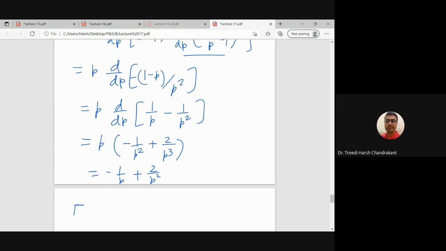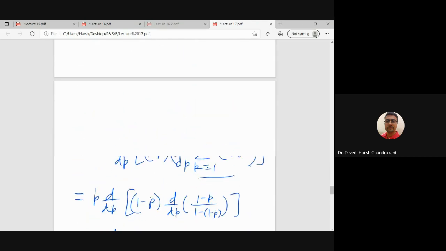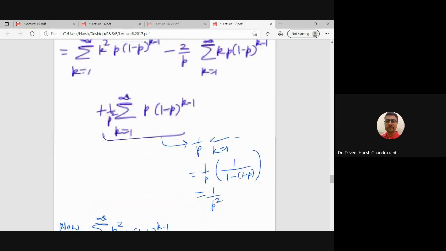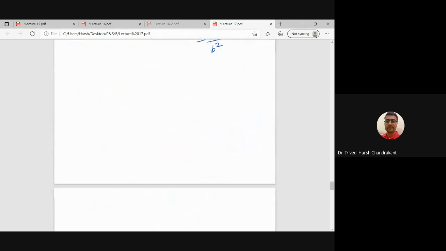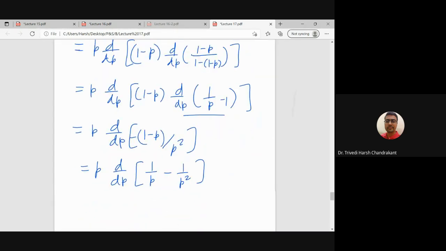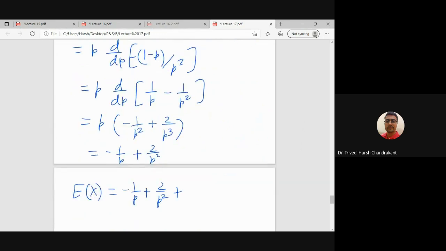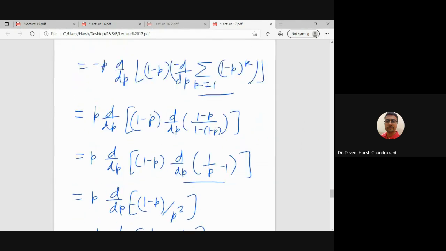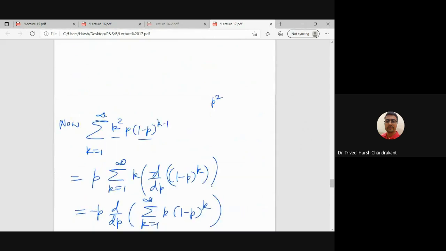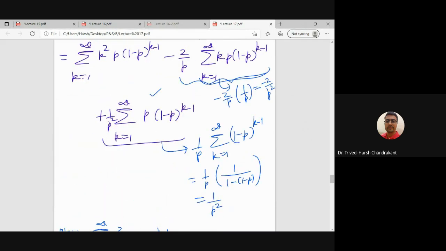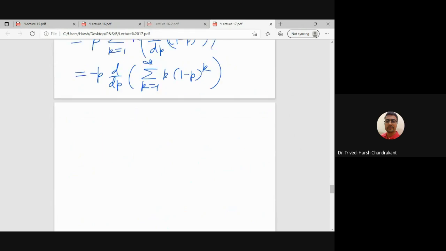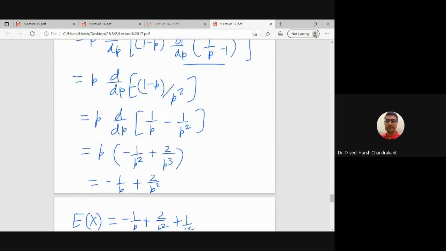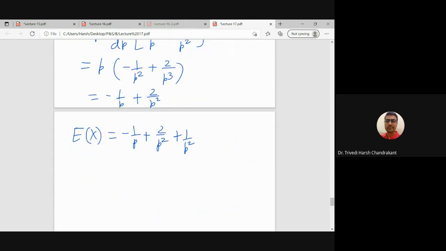And what is the final expectation? The expectation is minus 1 by p plus 2 by p square, and we need to add those two terms. So the first term is 1 by p square, and the second term is minus 2 by p square. So this term will cancel out.